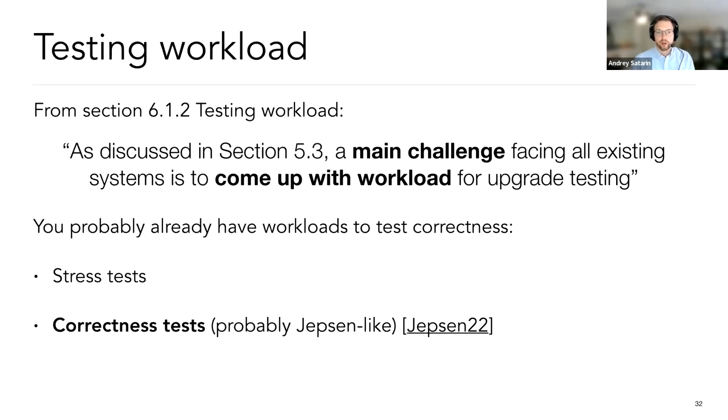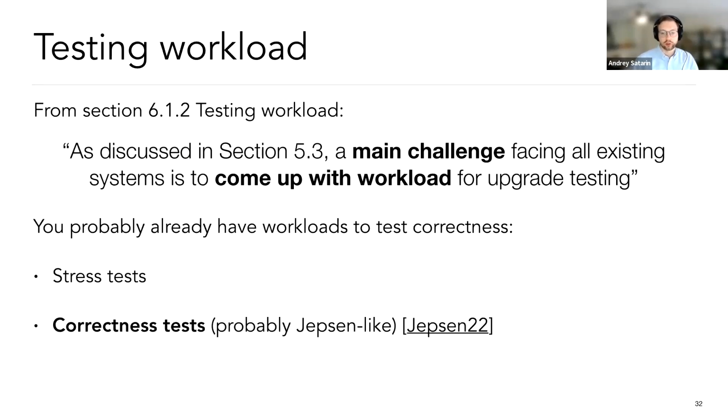So it means you can actually reuse a correctness test you already have for the system, for example Cassandra, where you have correctness tests which are Jepsen-like with fault injection. You can reuse the same test to test the system as a black box, the way Jepsen does it, and you don't need to use stress tests. Those correctness tests also check for correct behavior during execution.